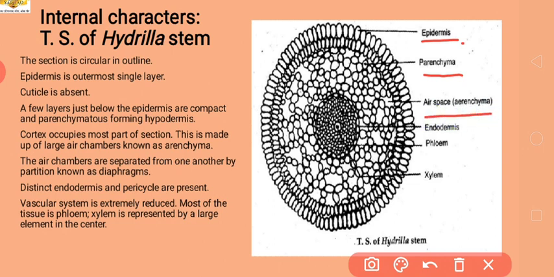The cortex occupies most of the section and is made up of large air chambers, and these air chambers are separated from one another by partitions called diaphragms. The next is the endodermis. A distinct endodermis and pericycle are present, and the vascular bundles, xylem as well as phloem, are present. This vascular system is extremely reduced, and most of the tissue is phloem, and xylem is represented by a large cavity in the center.